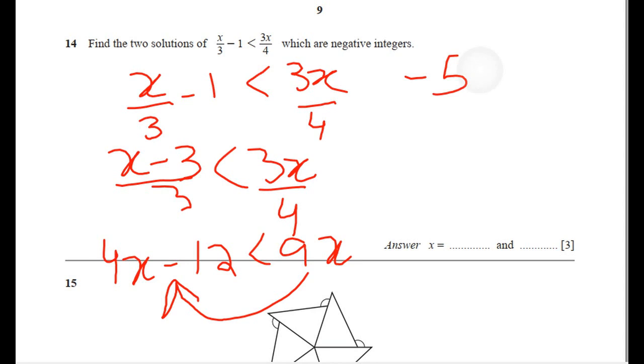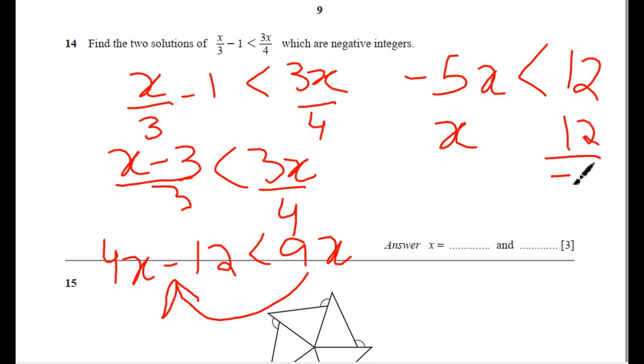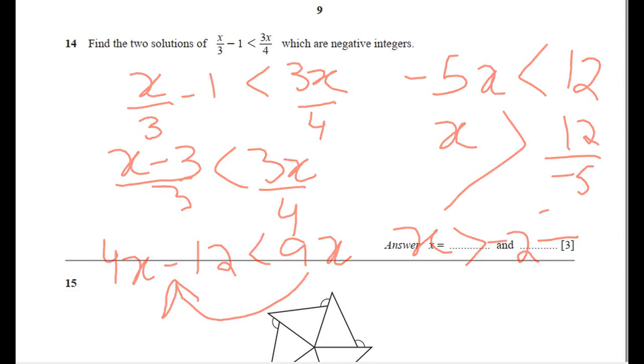You would get minus 5x less than 12. Make x the subject. You will get x is 12 over minus 5. When we multiply or divide both sides by a negative number, remember to flip the inequality. So you get x is greater than minus 2 whole 2 by 5.